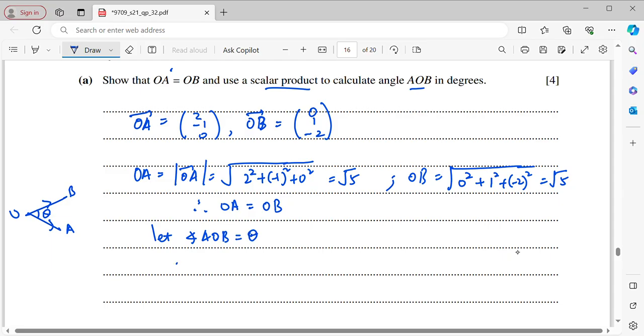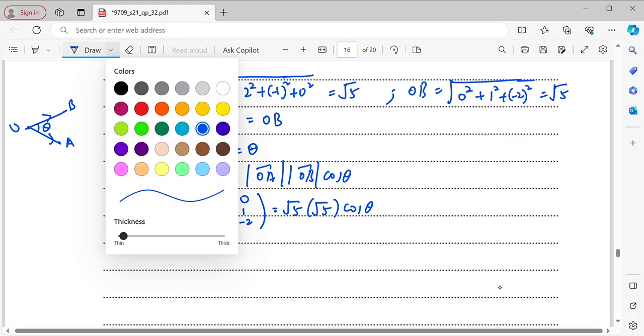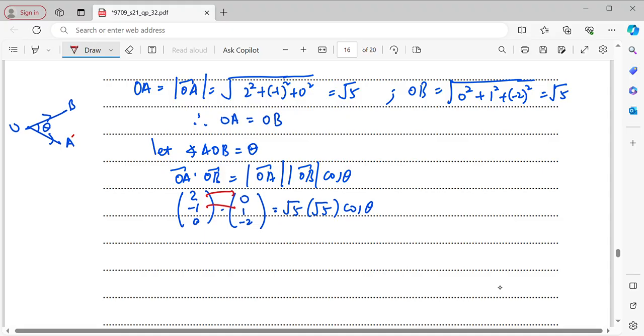Okay, so then OA dot OB equals magnitude OA, magnitude OB cos theta. So then OA dot OB, I will just write (2, minus 1, 0) dot (0, 1, negative 2) equals square root 5 times square root 5 cos theta. So for the scalar product formula, you just multiply each of these components and add.